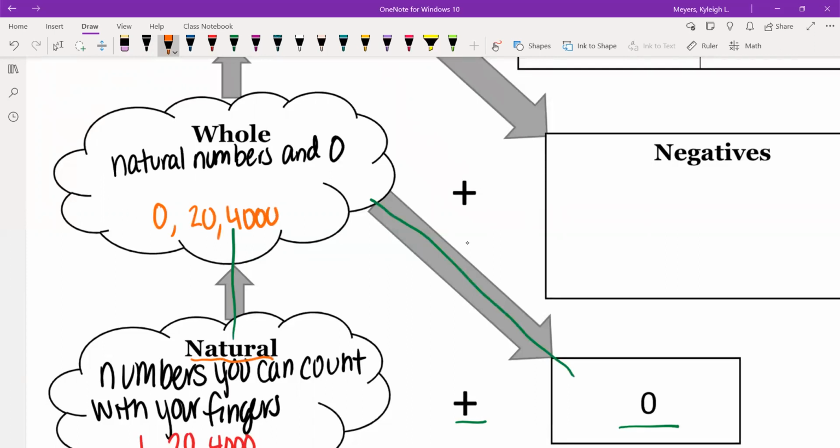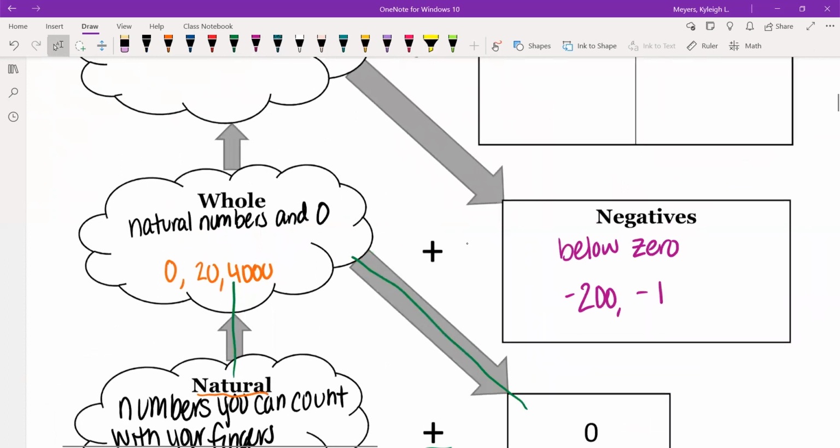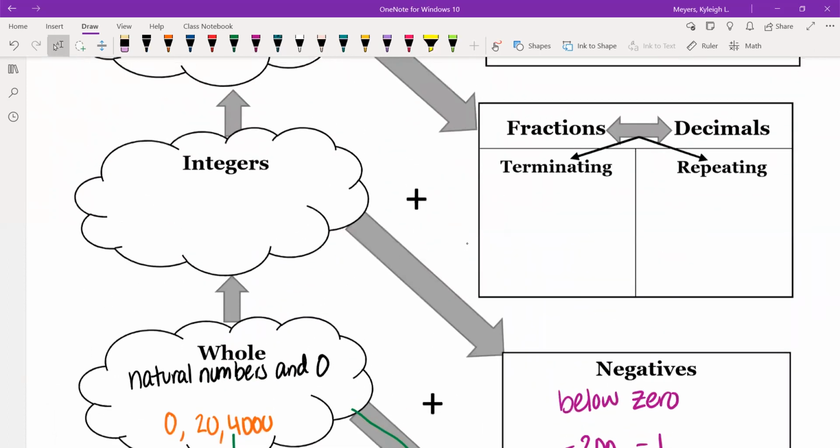Now, do we all remember what negative numbers are? Negative numbers are numbers below 0, such as negative 200, negative 1, okay? So after whole numbers comes integers, and integers are whole numbers plus negative numbers.